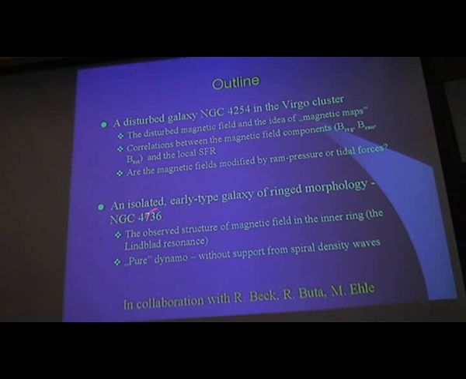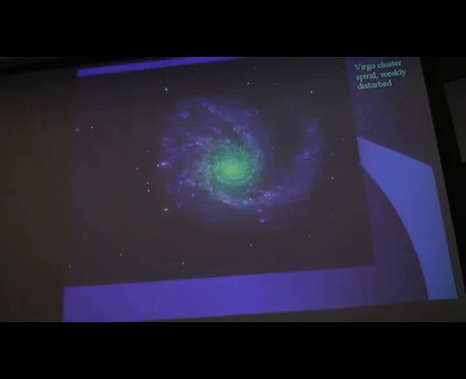Then I will report the recent discovery of magnetic fields in an early-type galaxy of ringed morphology. I will show you the observed structure of magnetic fields in the galaxy's inner ring, and argue for a pure dynamo in this case, which develops without support from spiral density waves or any external forces.